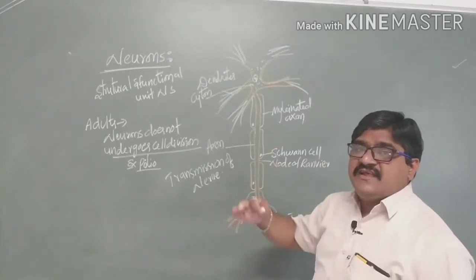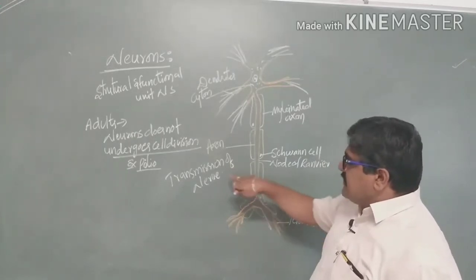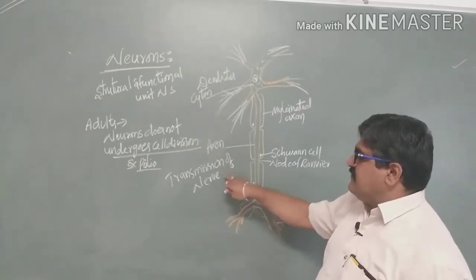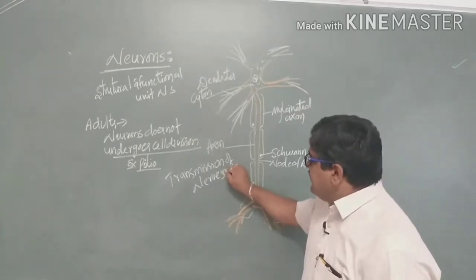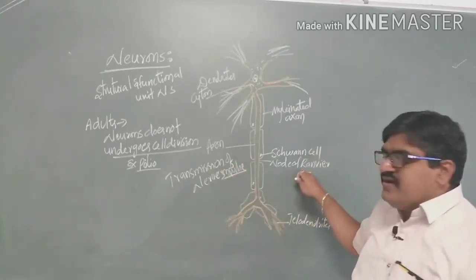We will discuss in detail in the next classes how this transmission takes place. The nerve impulse is transmitted through the gaps called the nodes of Ranvier.